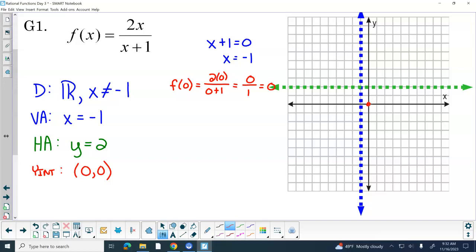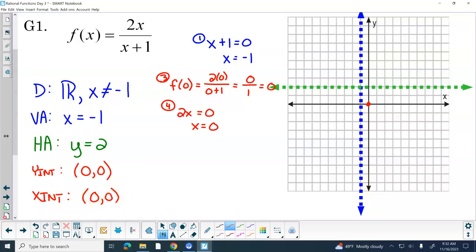Step number 4 said, now I need to find my x-intercept. So I set my numerator equal to 0, and I solve that, and I get x equals 0. So my x-intercept is also the origin.